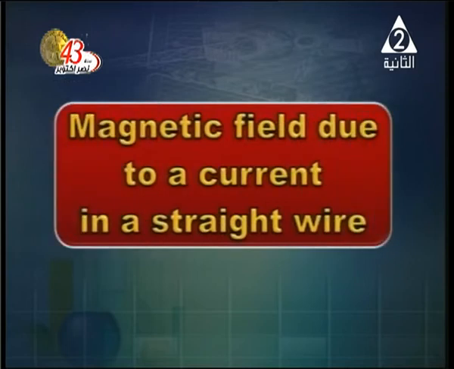Now talking about magnetic field due to a current in a straight wire. We've got a straight wire that carries an electric current, and we'll talk about the magnetic field produced due to the flow of the current.